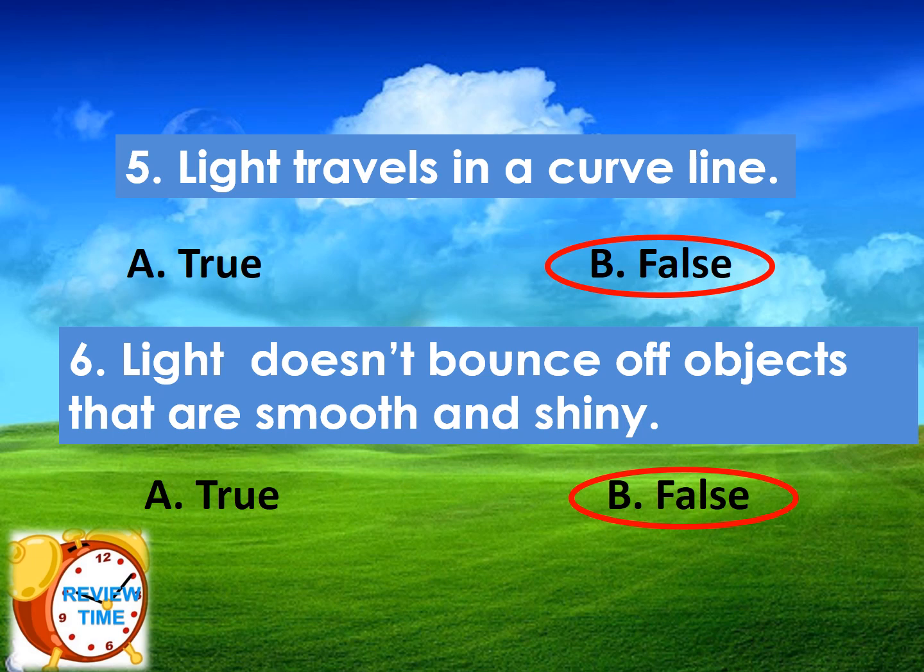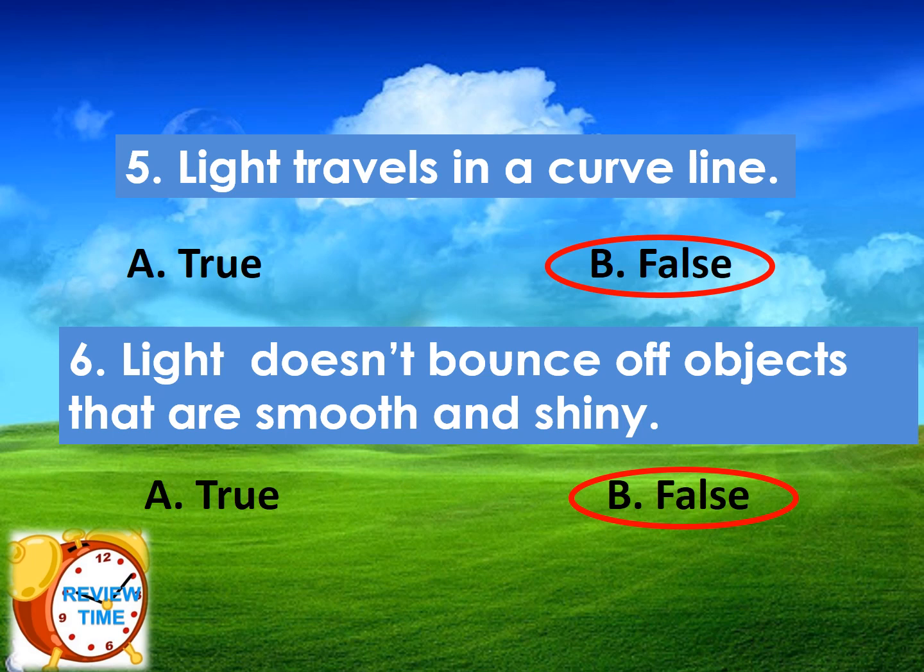Do you remember the example I gave on how we can know that the color of an apple is red? The apple is an example of an object which is smooth and shiny. So when the light strikes the apple, it bounces off to the eyes, and then we could see that the color is red. This is also the reason why we are able to see ourselves in front of a mirror.